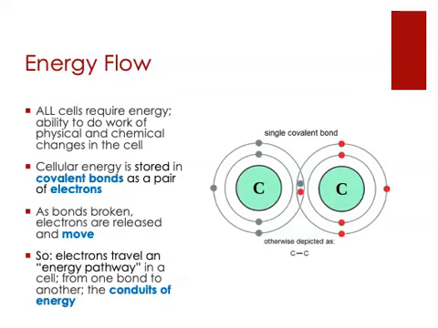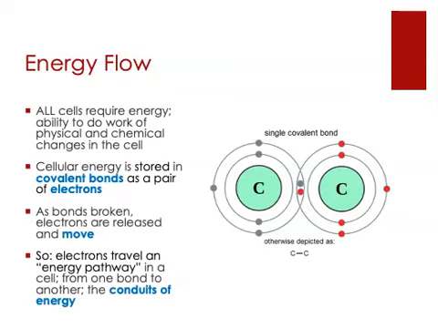And as cells build molecules through anabolic processes, the electron pair that sits in every covalent bond is a source of stored energy. That pair of electrons has energy associated with them.